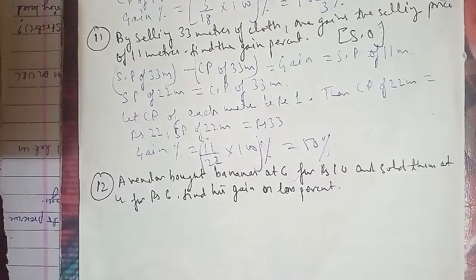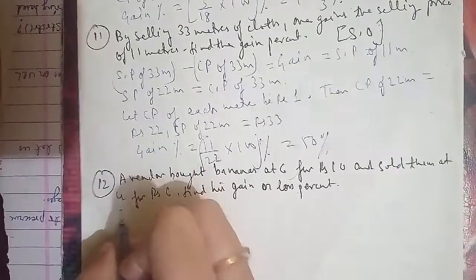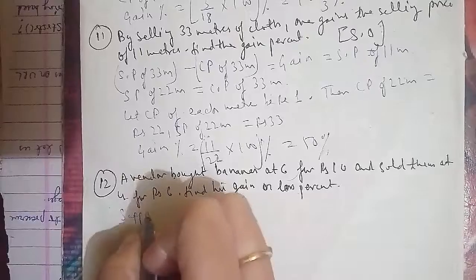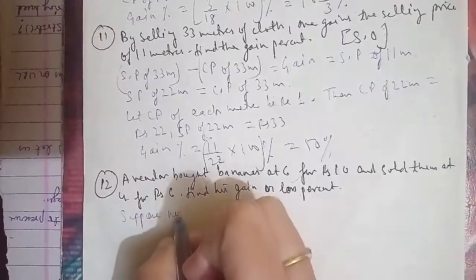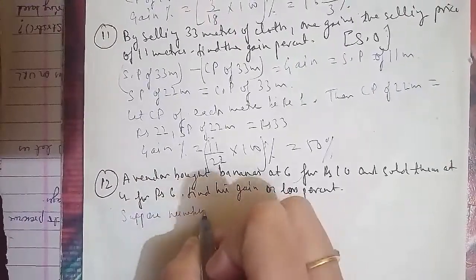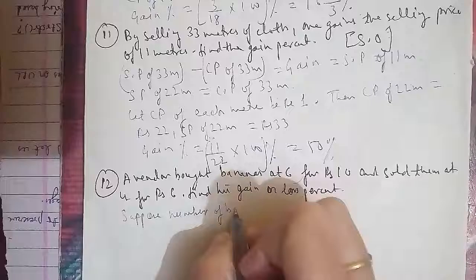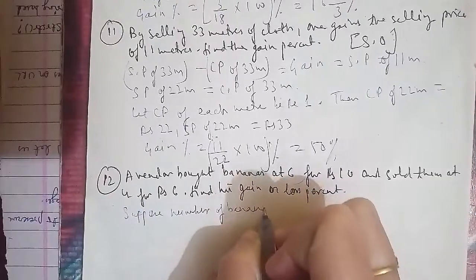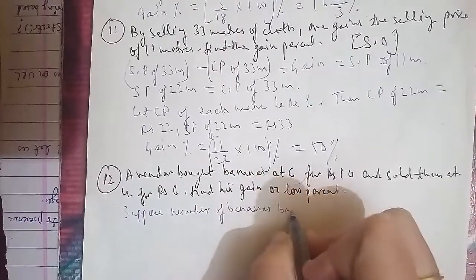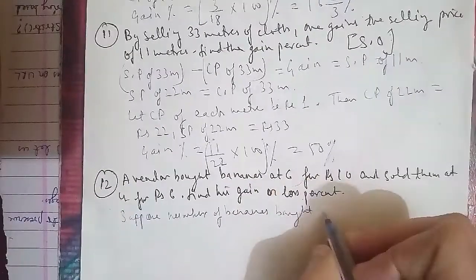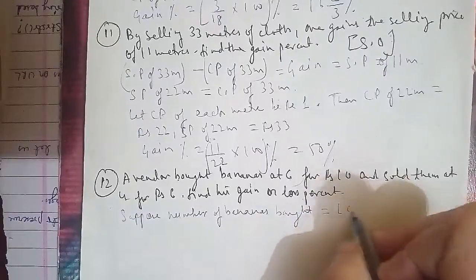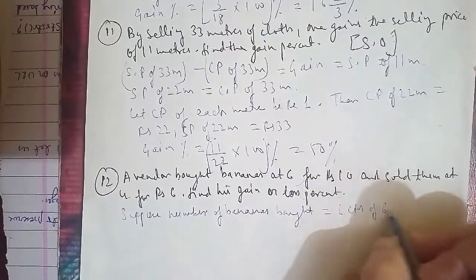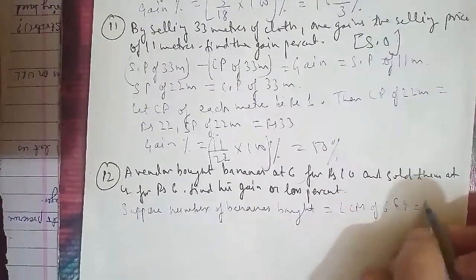So we find it out here. Suppose the number of bananas bought is equal to the LCM of 6 and 4, which is 12.